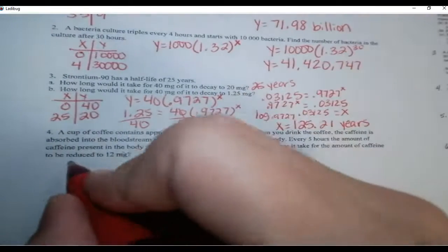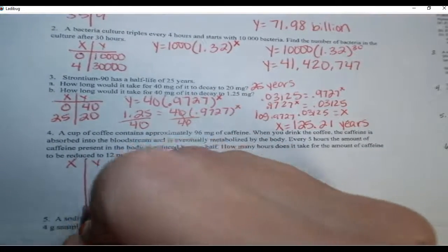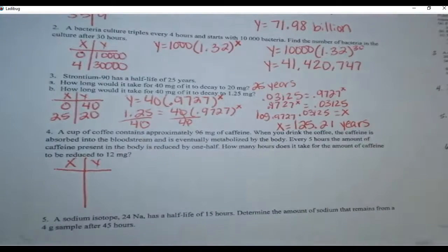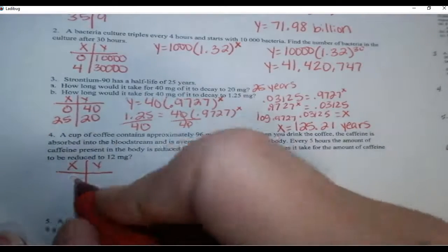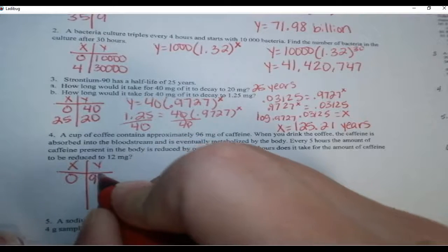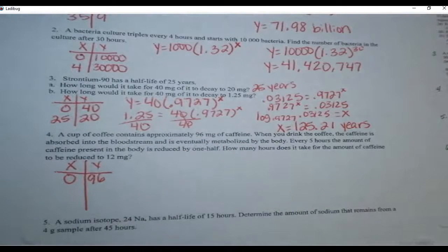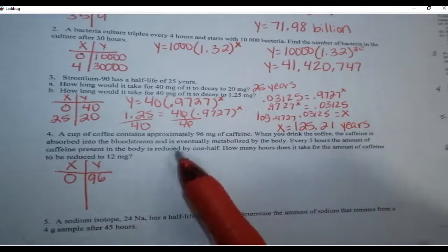So again, we need an equation. So it tells me when I drink this cup of coffee, I've got 96 milligrams. So when we start off, we've got 96 milligrams. Then it tells me every 5 hours it's reduced by 1/2.